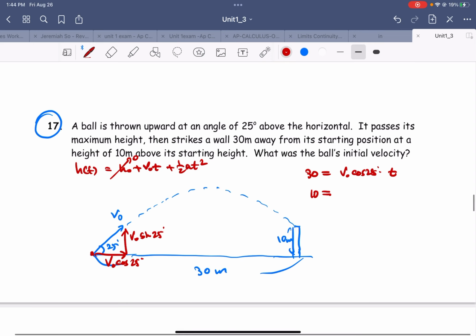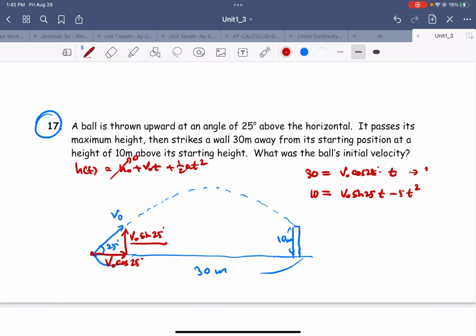Now for the initial velocity, we only talk about the vertical portion, the vertical velocity here. So v naught sine 25 t, and then we're going to use negative 10 for gravity. So 1/2 times negative 10 is negative 5 t squared. Now you have two equations and two unknowns, so you can solve it.